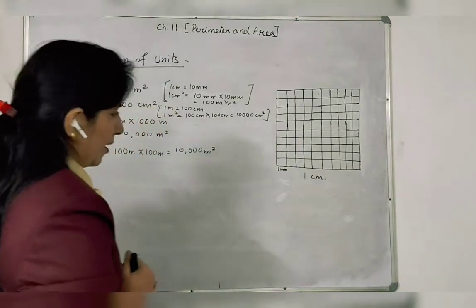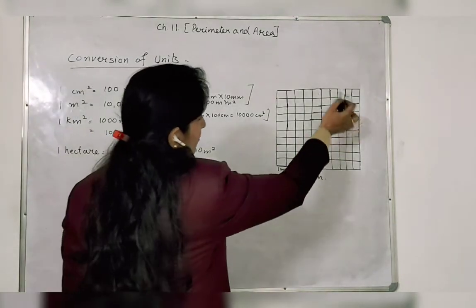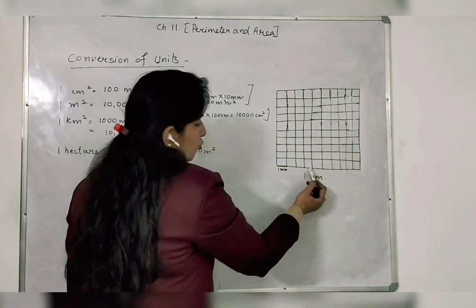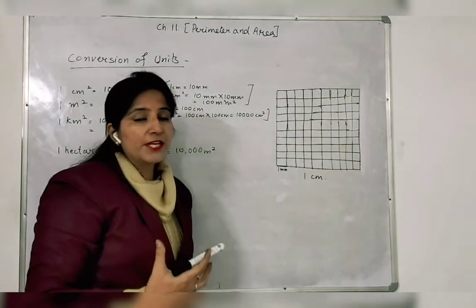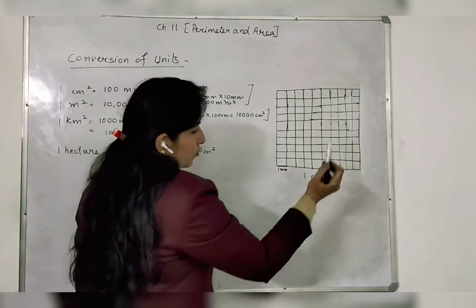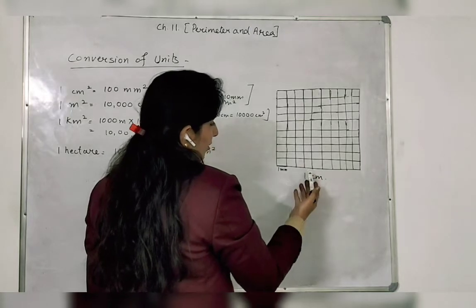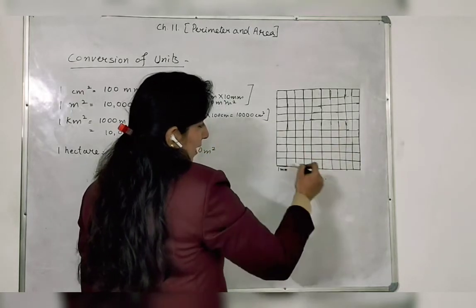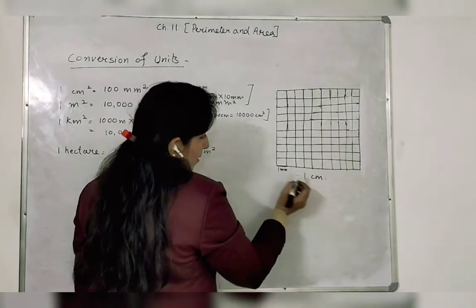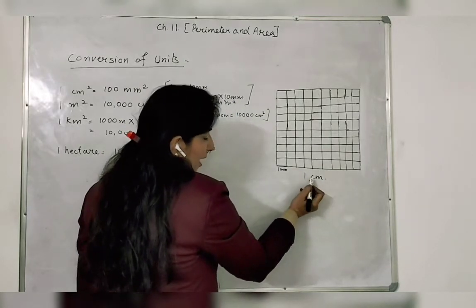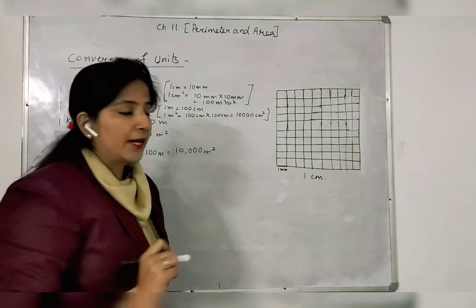What does it mean? Now just understand, I have made a graph kind of thing. Suppose I am zooming in on 1 centimeter. If you have seen your graph paper, that is one box, a 1 centimeter box, that is further divided into small boxes. Suppose till here it is 1 centimeter, and 1 centimeter equals 10 millimeters.